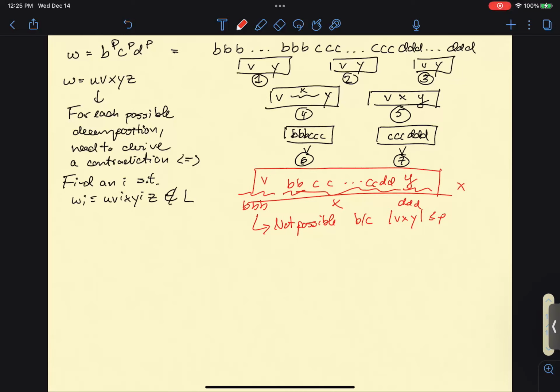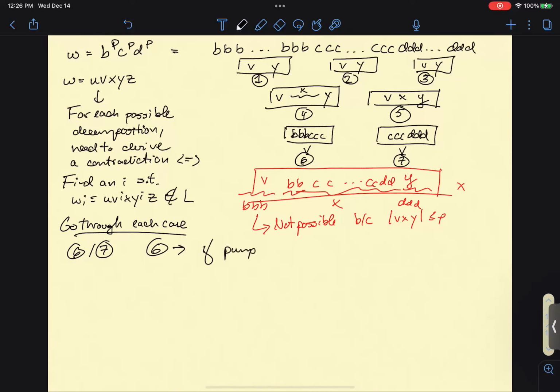Okay, so let's start with the easy case. What's the easy case? 6 and 7 are easy. Now we're going to go through each case. 6 and 7 are easy because if you pump up, let's say for case 6, with i equal to 2, what do you get?